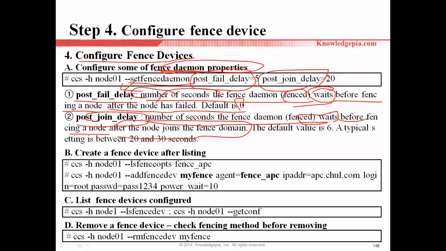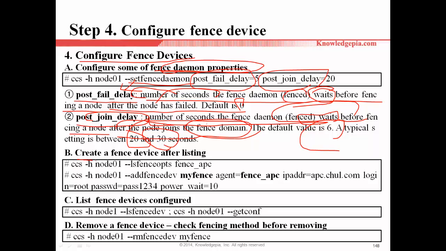So after one node has joined the fence domain, like a failover domain, if this node fails, the fence daemon will also wait for this many seconds before fencing this node. The default is 6 seconds, but typically we normally use 20 to 30 seconds.